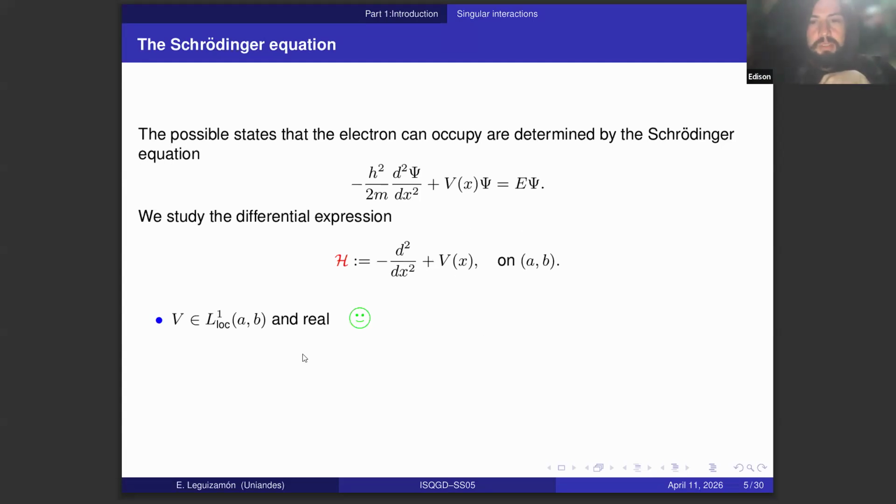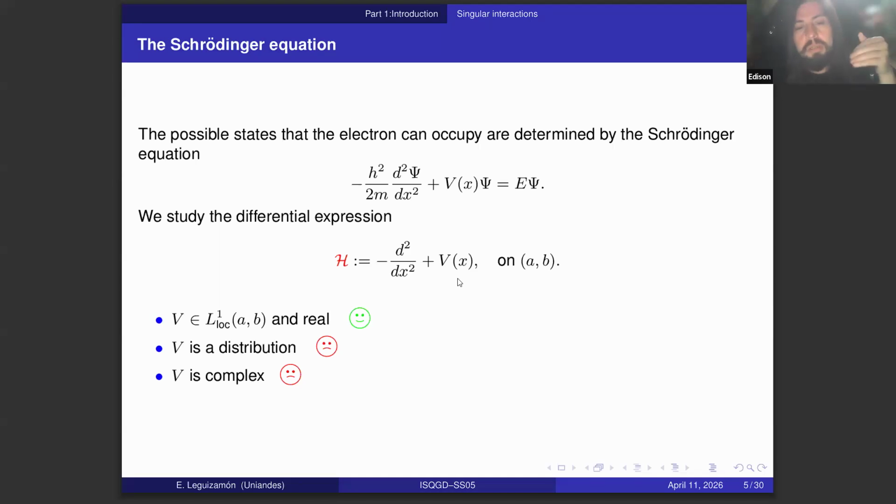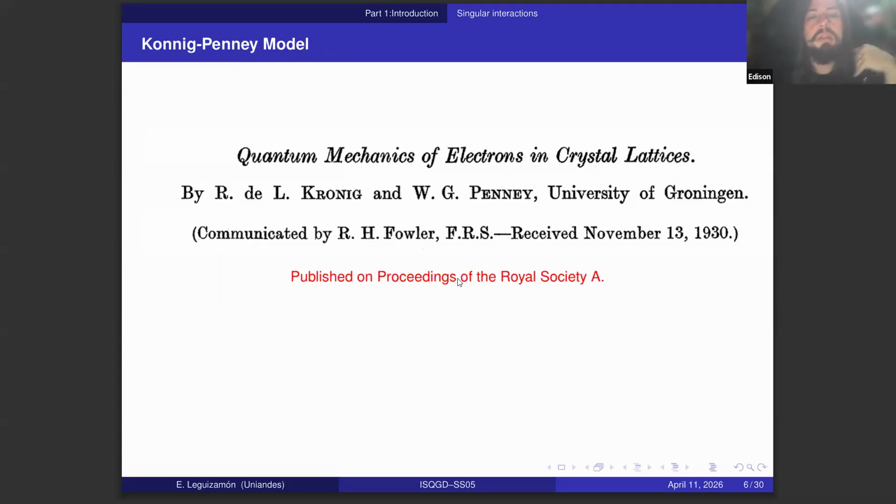If this potential B is locally integrable and real, things are well studied. The spectral theory about it is super developed and really well known. But if B is a distribution or a complex potential, things are more difficult.